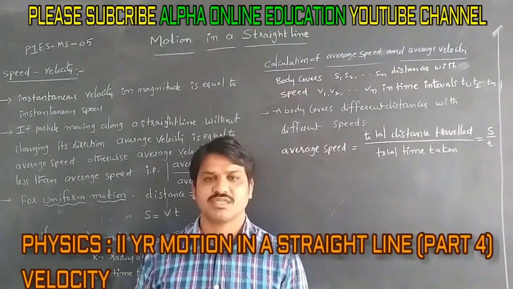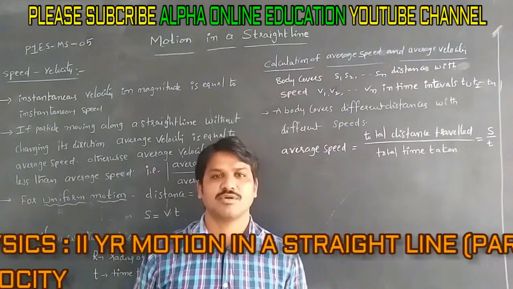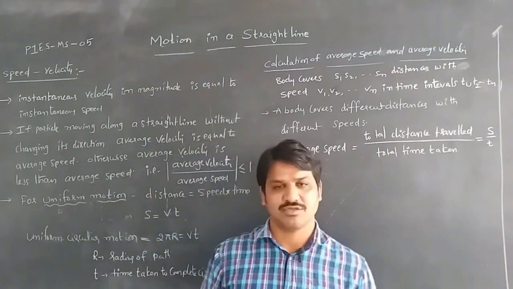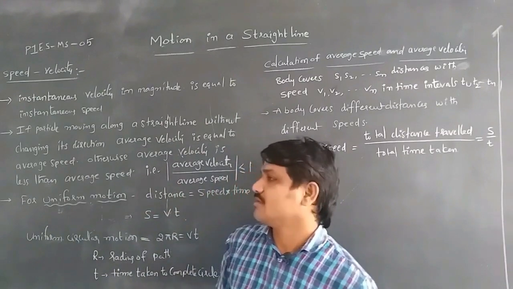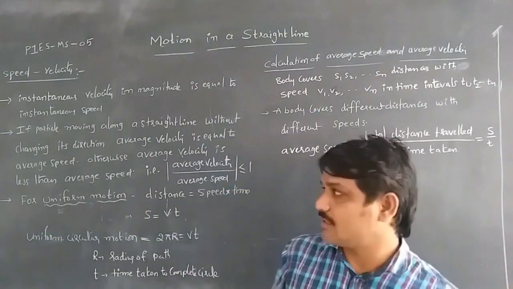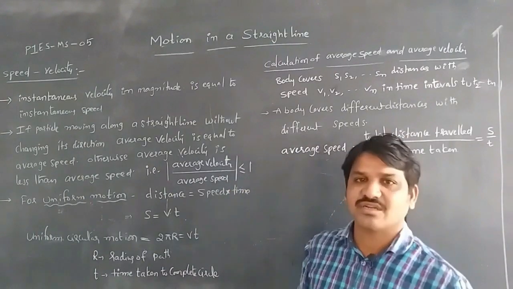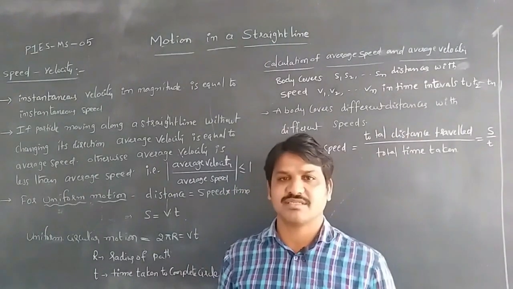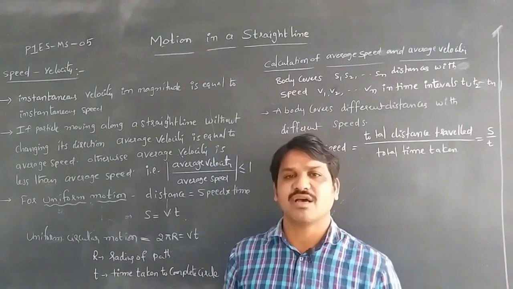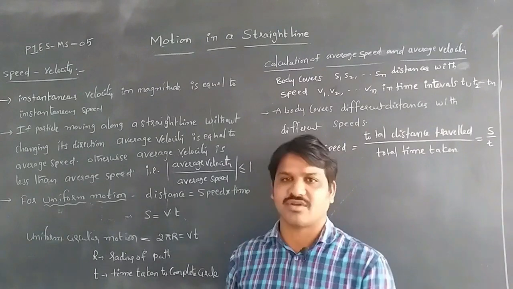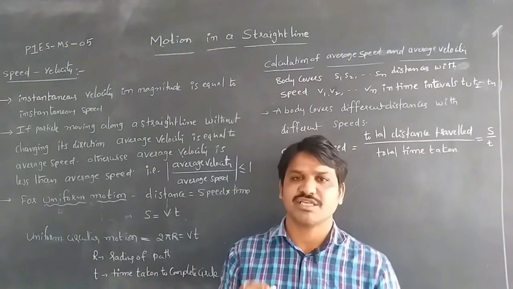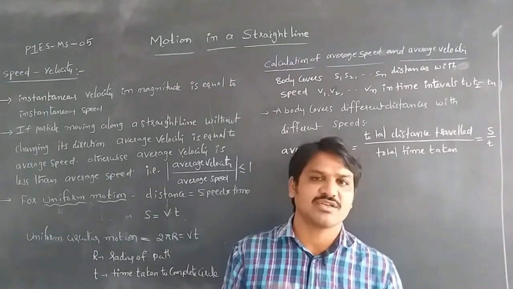Parameters of motion. In the parameters of motion we discussed distance and displacement, as well as speed and velocity. In the earlier video we discussed speed and velocity. As a continuation, we discussed average velocity and instantaneous velocity. Average speed and average velocity will be equal when the body is moving along a straight line without changing its direction, and instantaneous speed is equal to instantaneous velocity in magnitude.